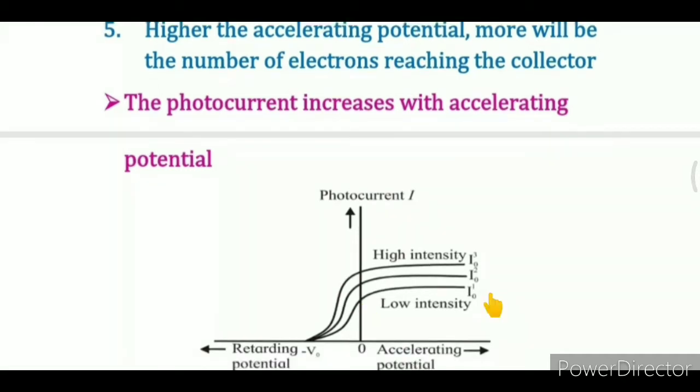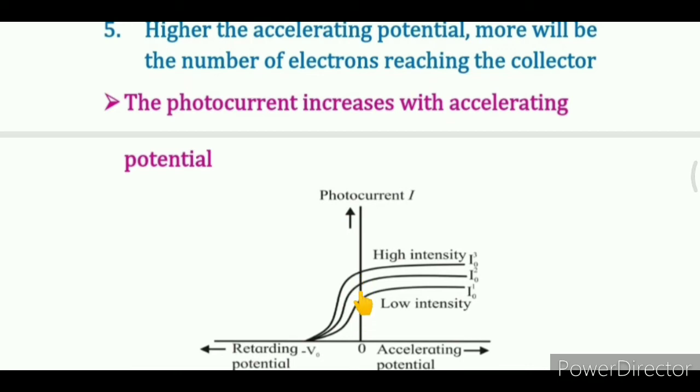Since the intensity of incident radiation determines the number of photons incident on the metal surface on unit area in unit time, it determines the maximum number of electrons that can be knocked off by the incident radiation. Hence, for a given intensity, for example here we are considering the intensity I01, when we increase the accelerating potential, the photoelectric current also increases.